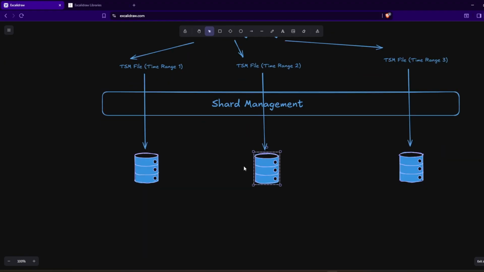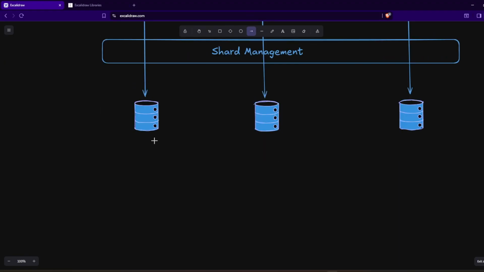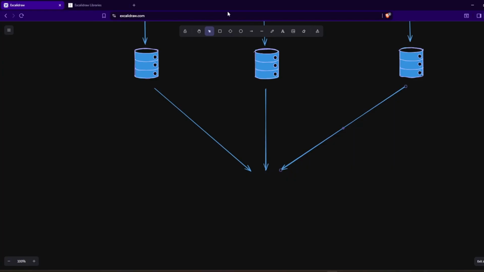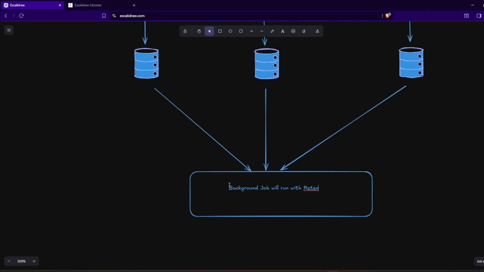So now all this data will again go through a retention check. Okay, so a background job will run for the retention check. This is again an important component in all the shards. The background job will run with retention enforcement.